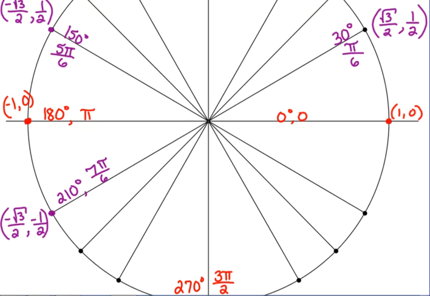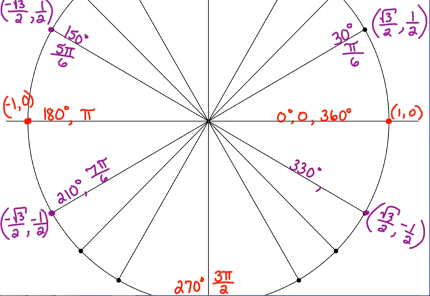Okay, let's go to the same point in the fourth quadrant. In the fourth quadrant, x's are positive and y values are negative. So that is positive square root 3 over 2, negative 1/2. We're 30 degrees short of going all the way around the circle. So all the way around the circle is 360. So we're at 330. Okay, 0 degrees and 360 degrees are the same angle.